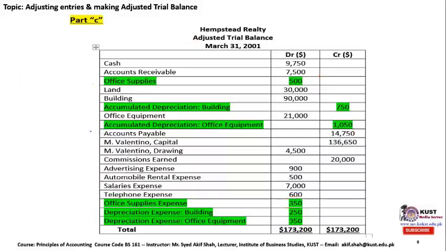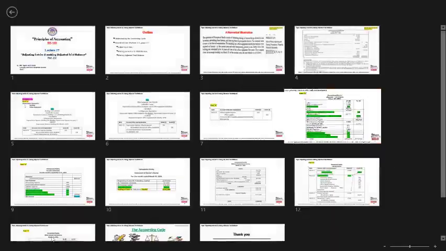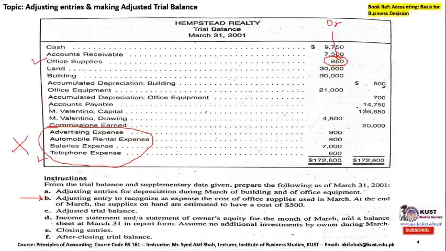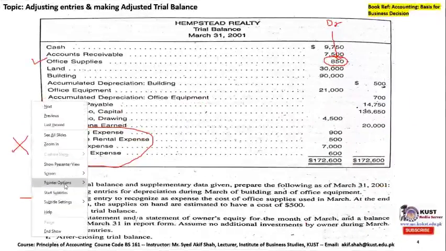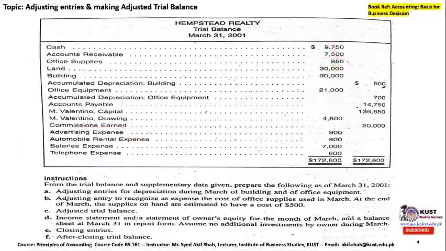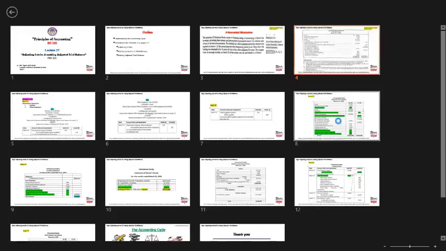So let's go back to the question and mention the remaining titles. The land was not affected at all. So we have to pick up the land and building values as they are, 30,000 and 90,000, and insert them into the adjusted trial balance. Let's see how to do that.